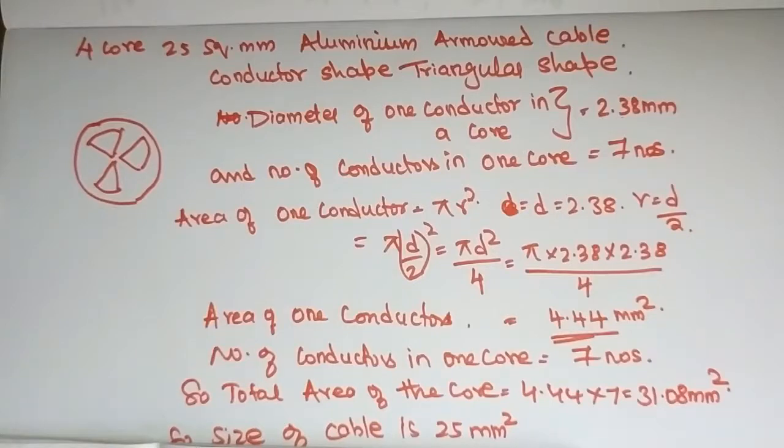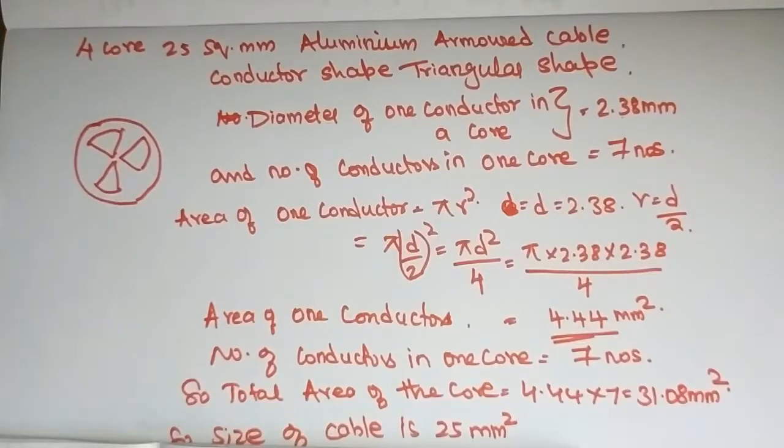There are cables where it will be given as 660 by 1100 volt, mostly in multi-core cables. It means that the maximum voltage between the conductor and earth can be up to 660 volt, and the maximum voltage between the phases can be up to 1100 volt. Often, cable manufacturers specify their cables in this fashion only.